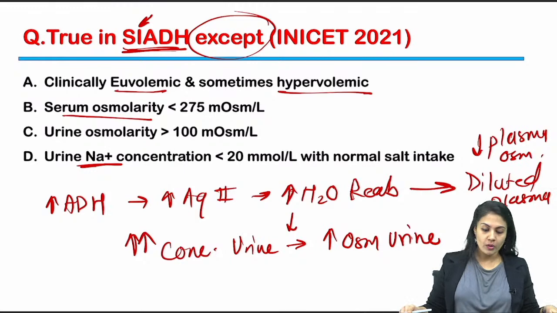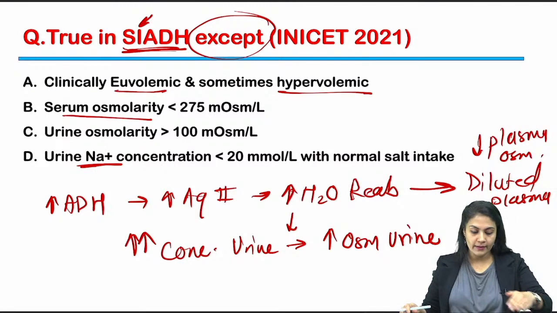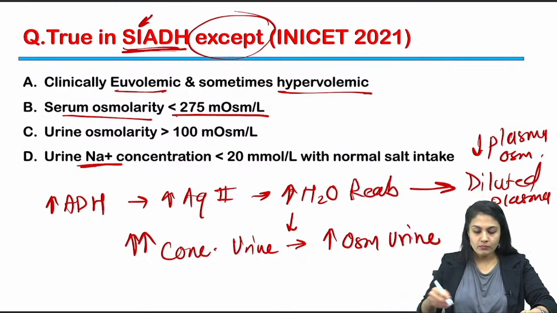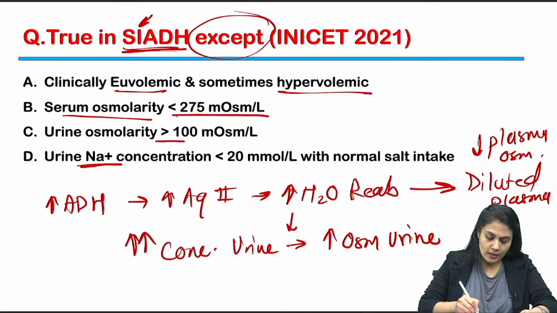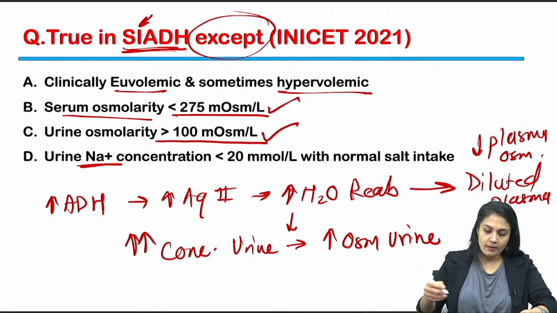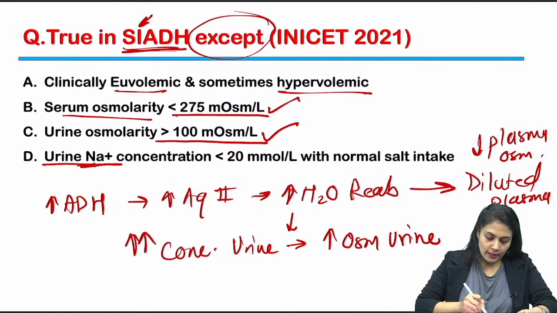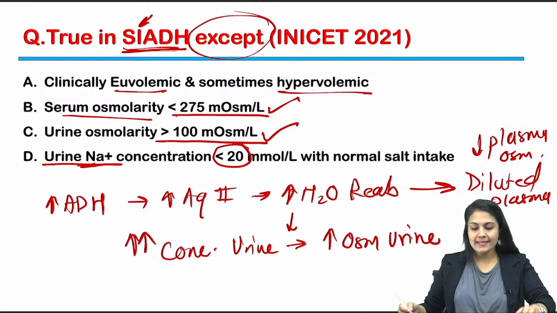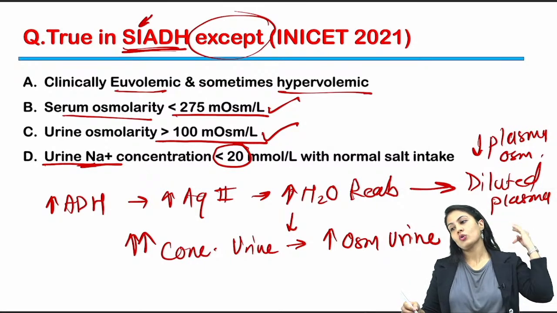That can be true, okay, but we have to exclude all other criteria. The serum osmolarity is less than 275 milliosmol. The urine osmolarity is more than 100, this is true, this is also true, right? The urine sodium concentration is more than 20 millimole with the normal salt intake.